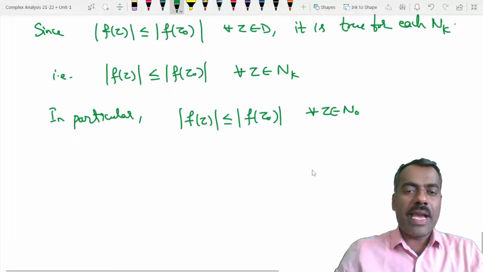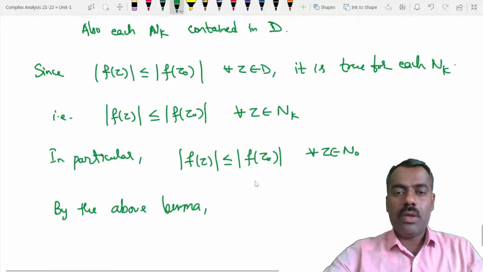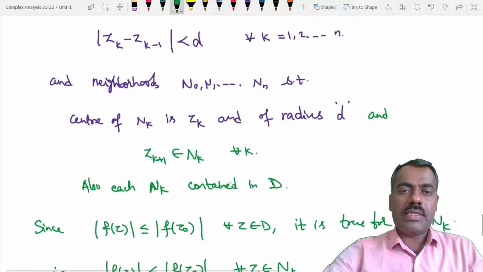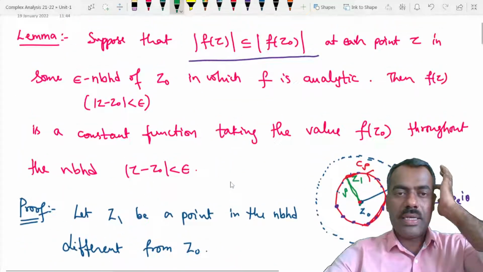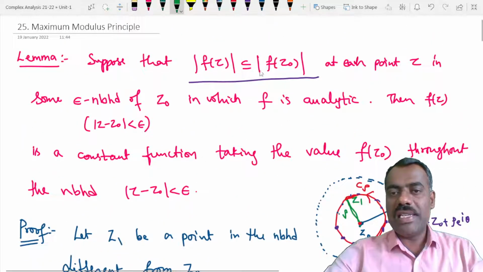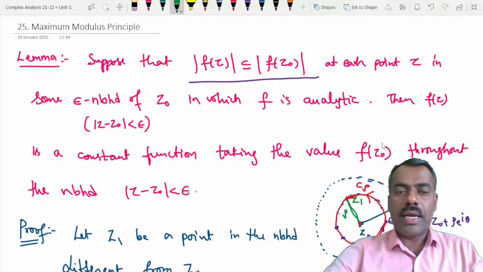Then by the above lemma, what we have proved, the lemma says that if mod f of z is less than or equal to mod f of z naught in a neighborhood, then f of z is constant throughout that neighborhood.